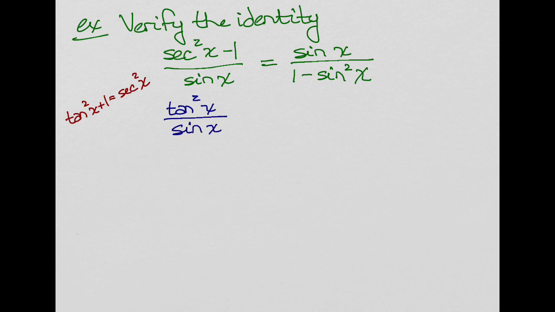Okay, well, so I have a tangent squared and a sine, and I'm aiming for something that has all sines in it. So I'm going to have to do something about this tangent squared that makes it into sines.